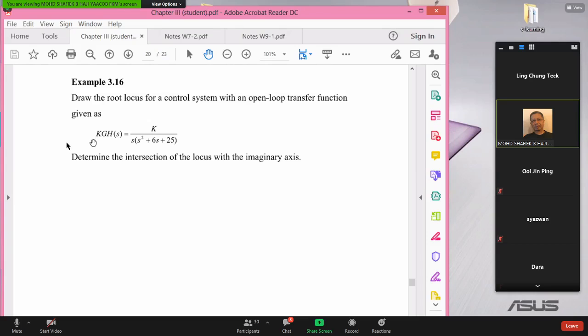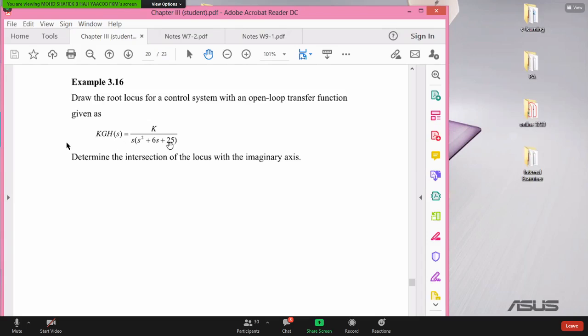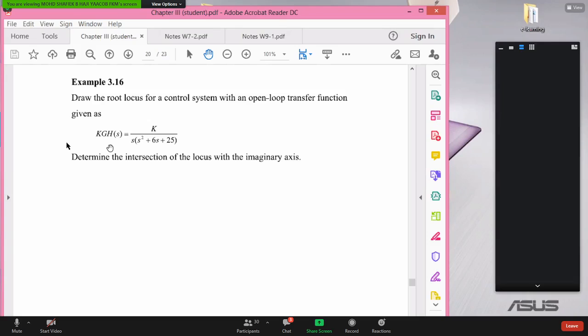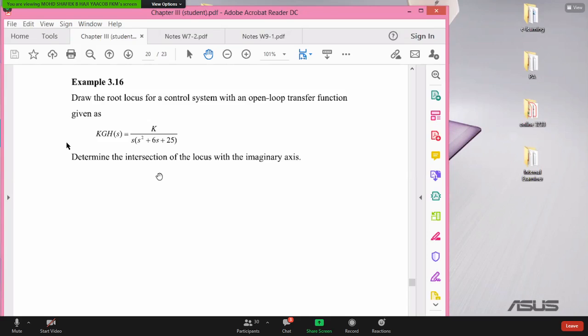Always make sure that when you want to draw the root locus diagram, the transfer function that you are working on is the open loop transfer function. The root locus diagram that we draw is going to be the root locus diagram of the closed loop system. We are just using the open loop transfer function to help us draw that diagram.